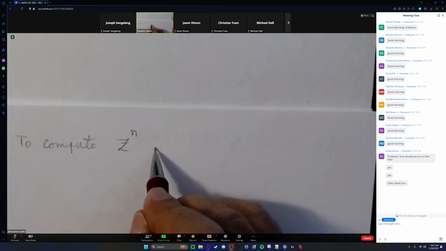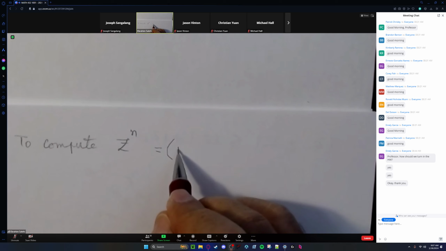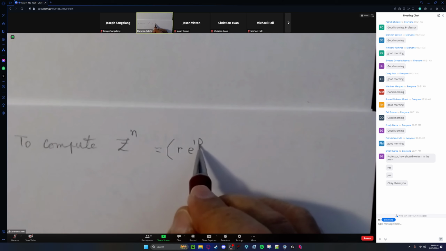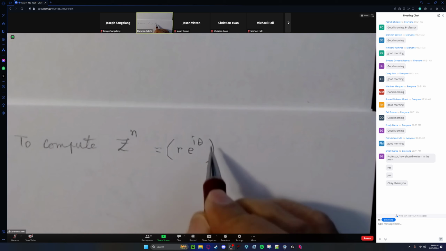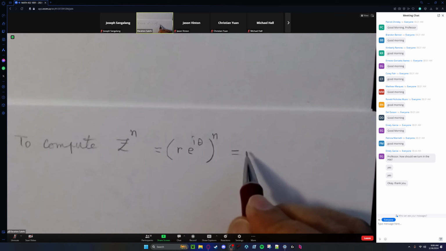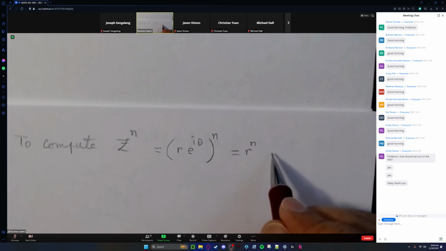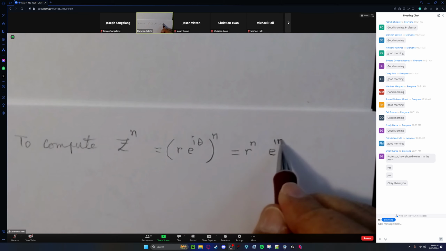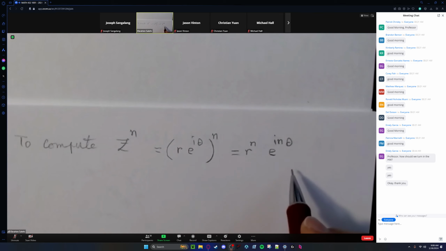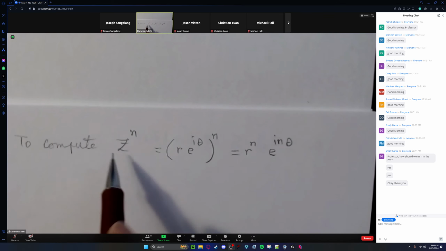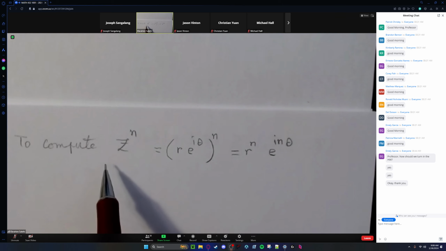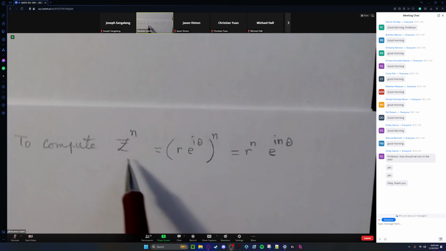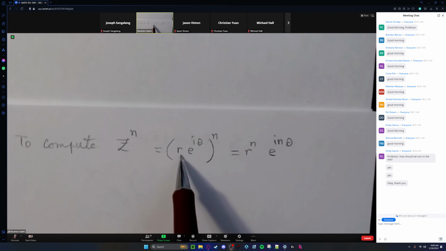If we have it in terms of r e to the i theta, to the n, this will be r to the n e to the i n theta. Okay? So to compute z to the n, it will be very advantageous if we can write z in its exponential format, same as polar format.